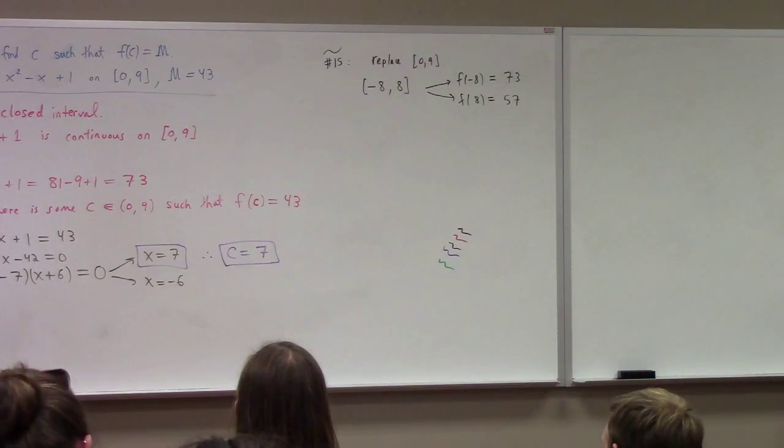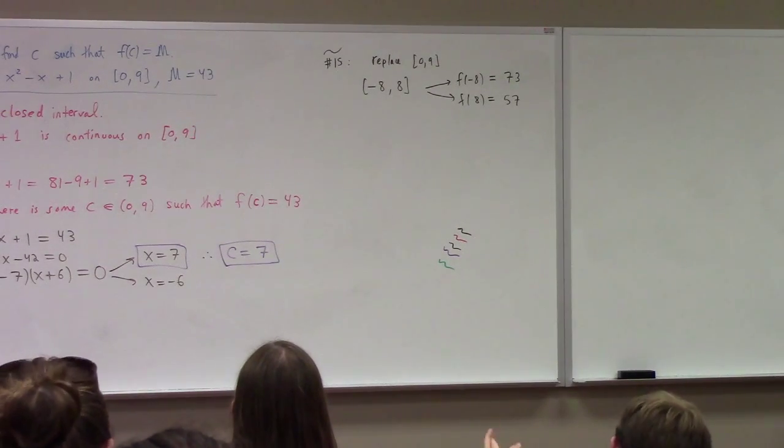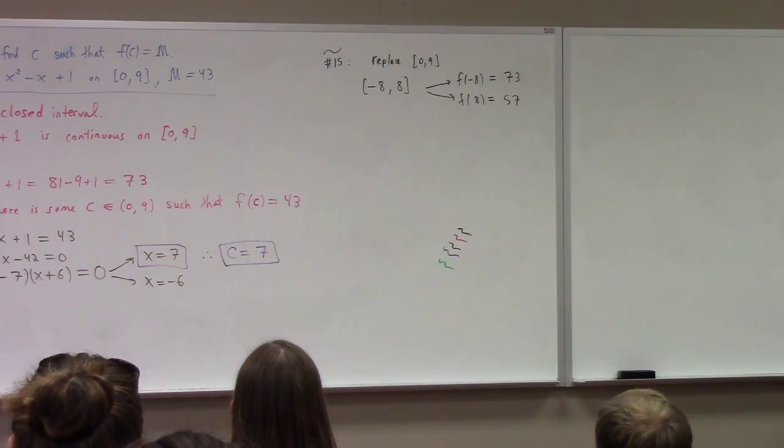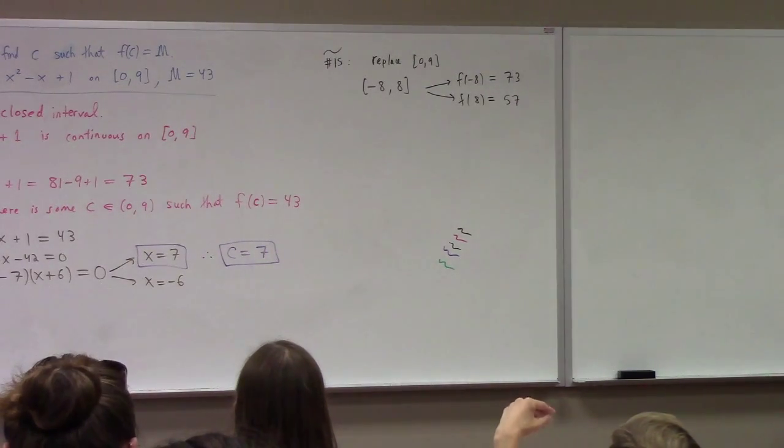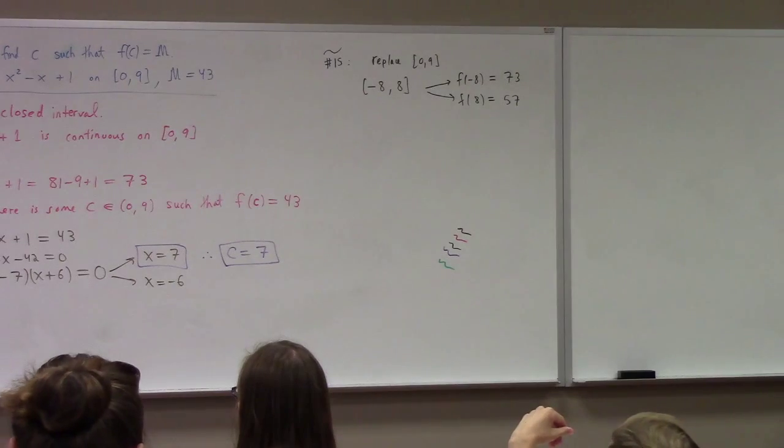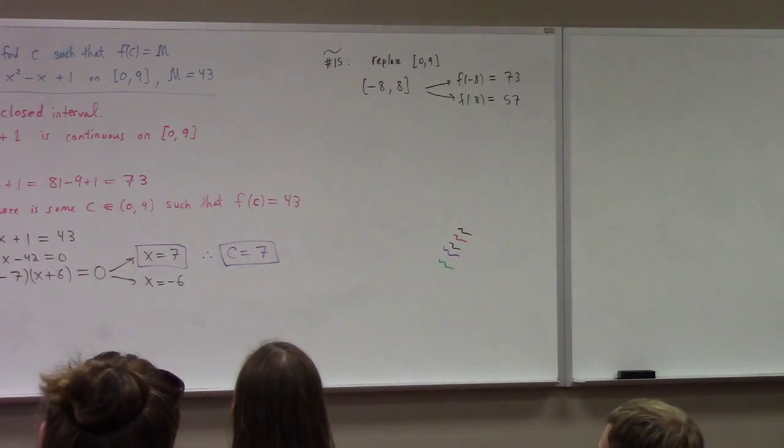Oh no, the theorem doesn't work. What's going on? Look, is 43 between those values? No. The theorem doesn't really speak to 43 here.